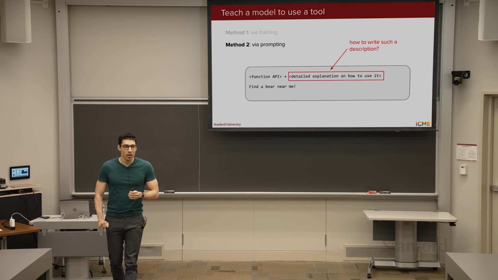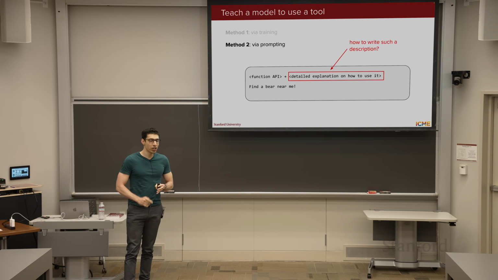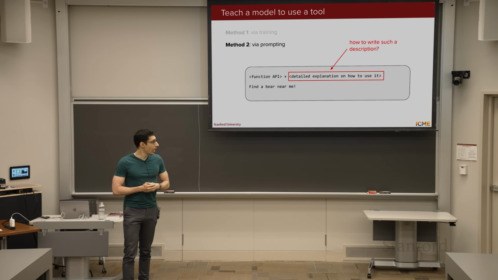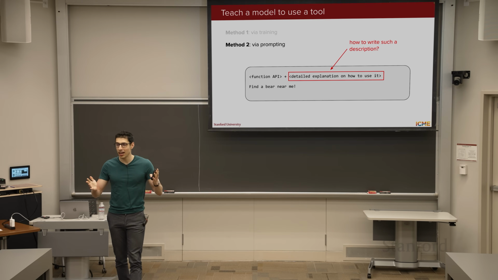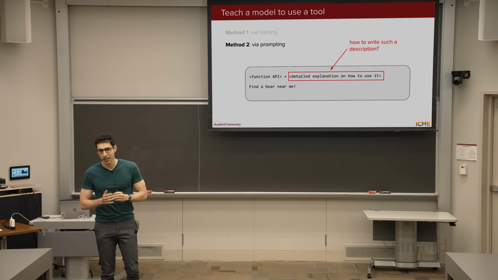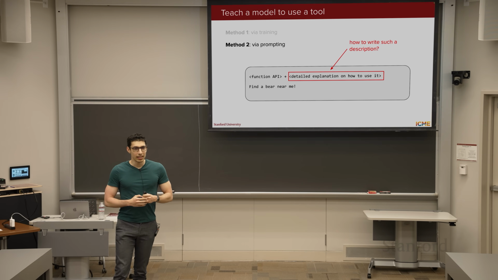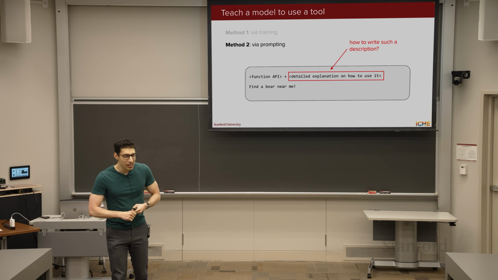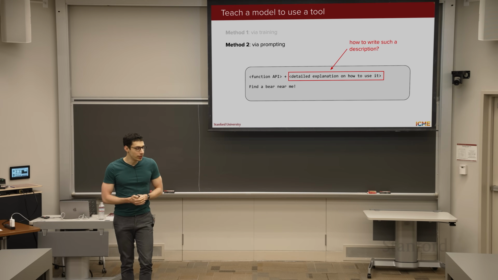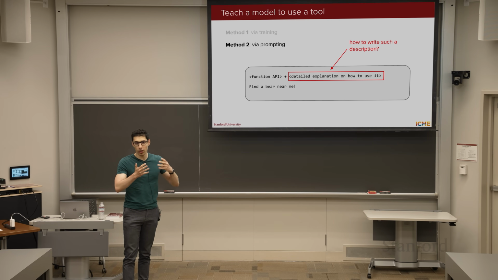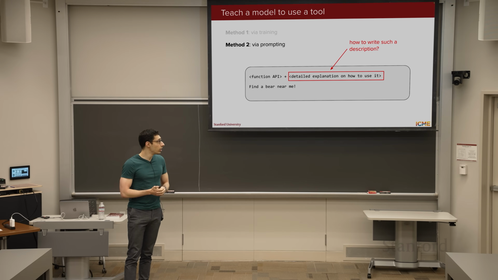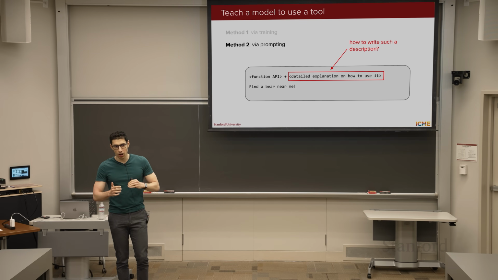And does anyone have an idea of how we could even come up with such an explanation? So let's say I have a new tool, I have the API, I want my model to use it. How would you go around it? Yeah, that's a great point. So one method could be few-shot learning. You just show in the context window samples of input-output.